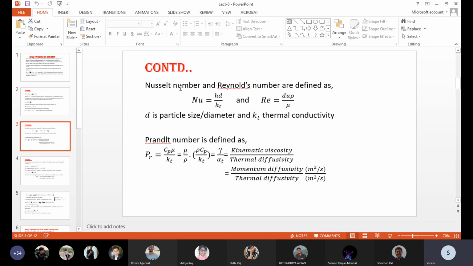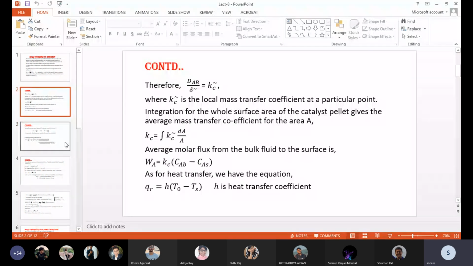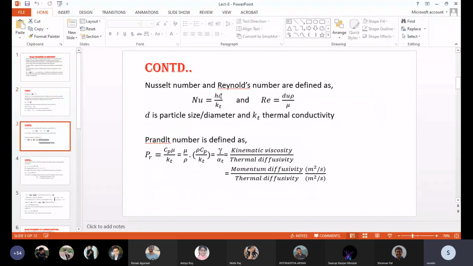We can write the Nusselt number and Reynolds number: Nusselt number is HD by KT, where KT is the thermal conductivity, H is the heat transfer coefficient, and D is the particle size or particle diameter. Reynolds number RE is D u rho by mu. And Prandtl number is defined as PR is equal to Cp mu by Kt, which is equal to mu by rho into Cp by Kt. This way we can express it.